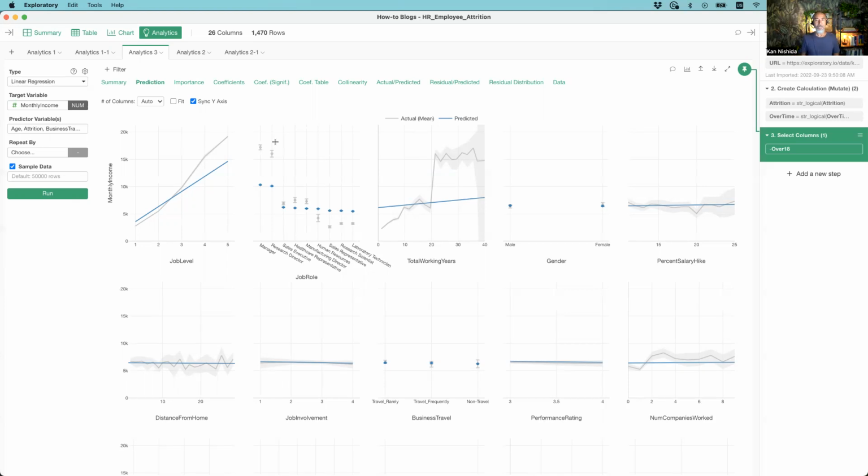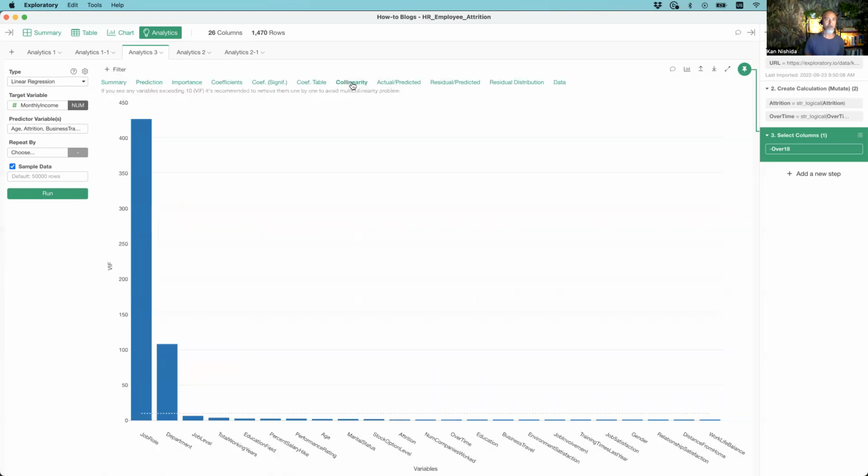Okay. One thing though, this is kind of outside of the grammar of analytics, is that this is a statistical learning model, so we especially need to pay attention to something called collinearity or multicollinearity.